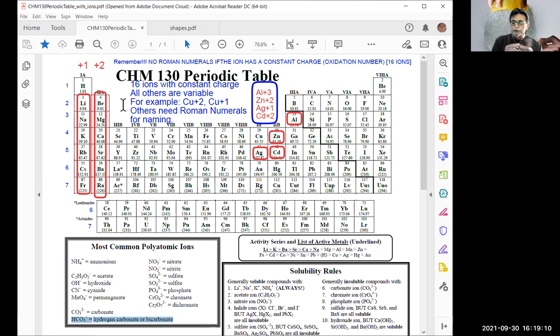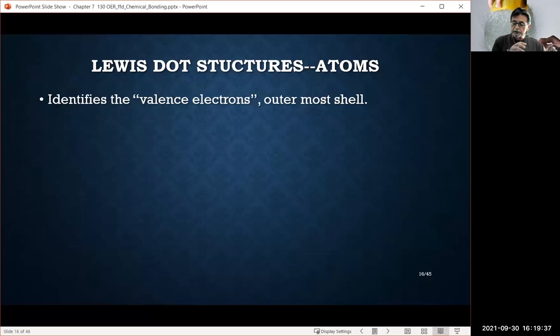Those to the left of the stair step are classified as metals, and to the right of those are the non-metals, okay? And once we determine metal, non-metals, that now introduces us to a variety of different properties of these chemicals. And so it's quite crucial to be able to distinguish whether you're working with an ionic compound or a covalent compound.